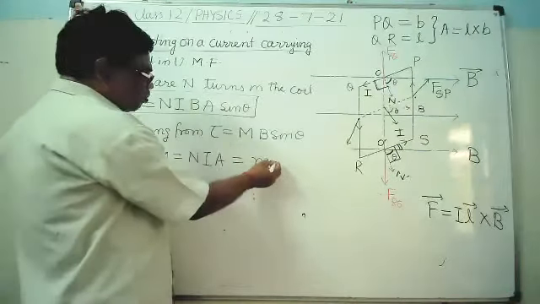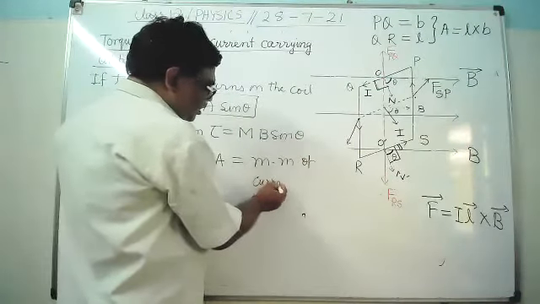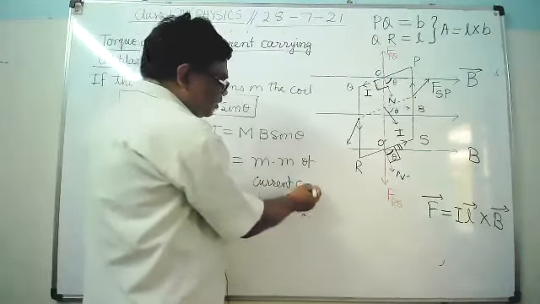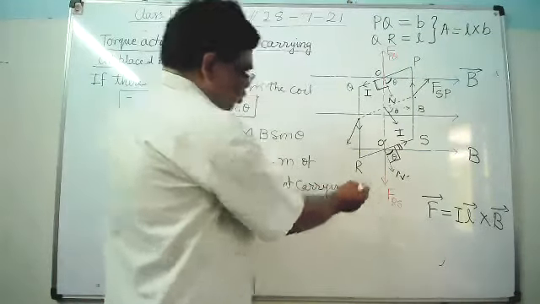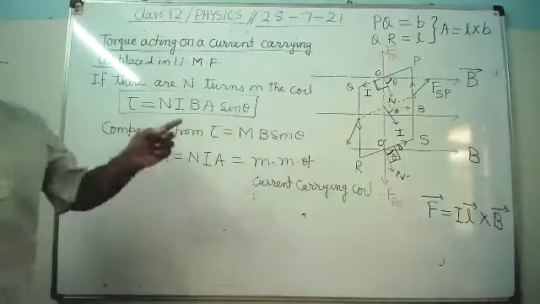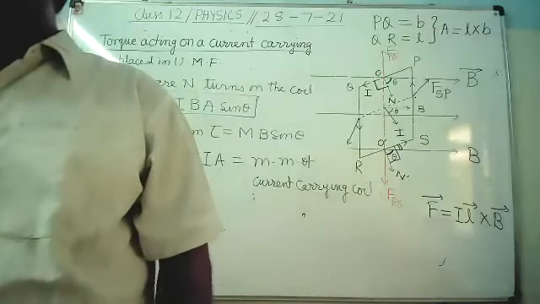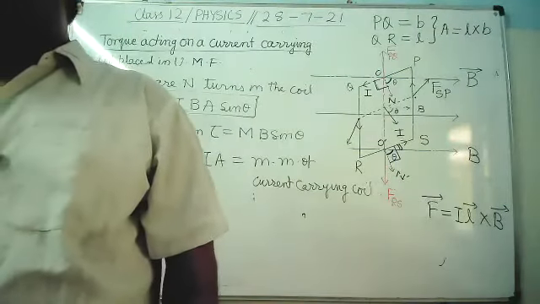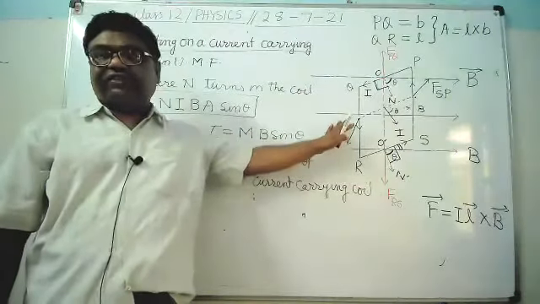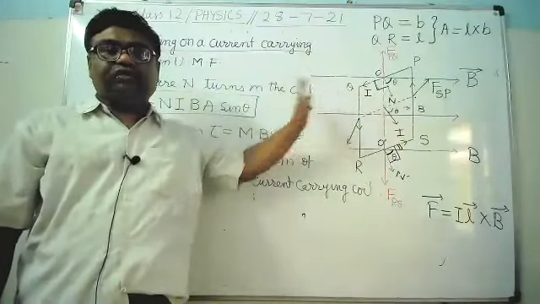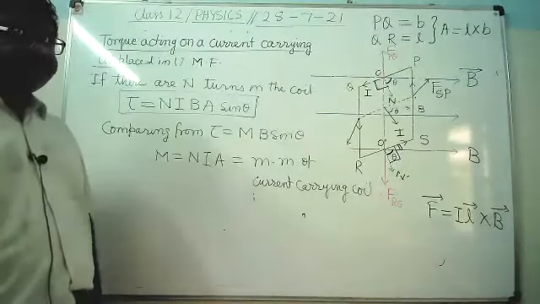It is the magnetic moment of the current carrying coil. As I have already told, the current carrying coil behaves like a magnetic dipole, therefore it must have a magnetic moment. Since it is producing a magnetic field of its own, it will have some magnetic moment. That magnetic moment is given by this.